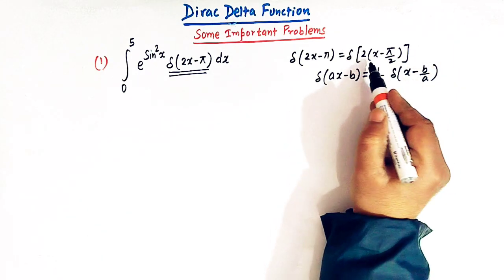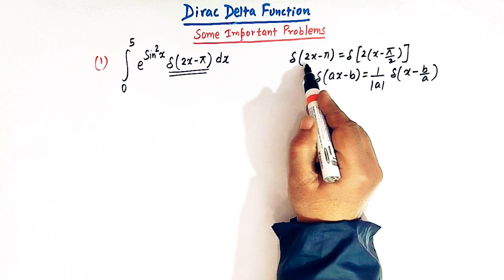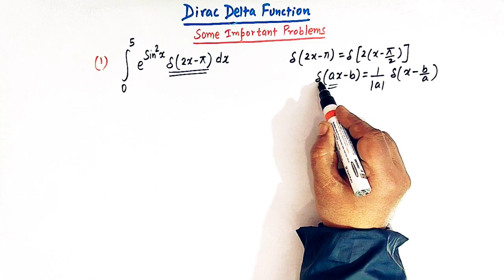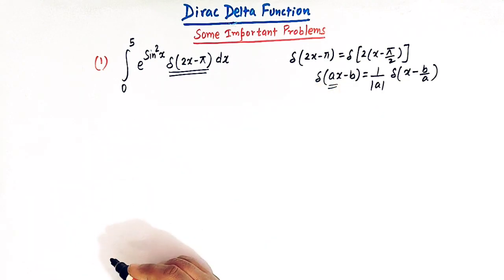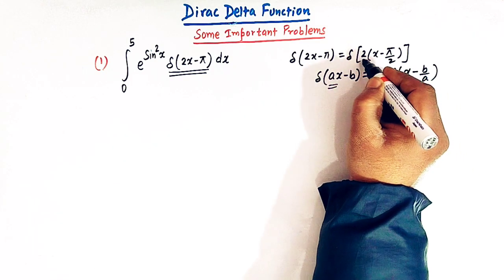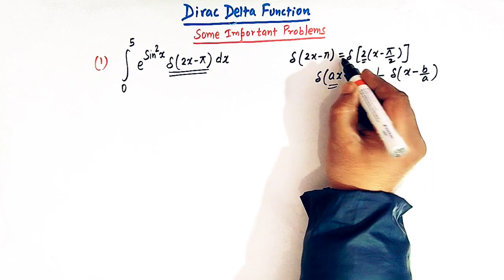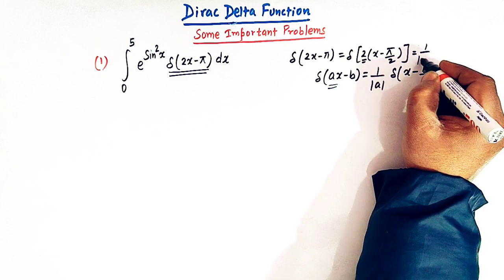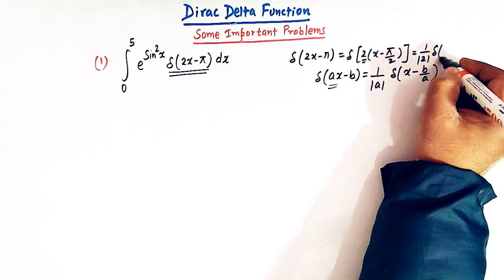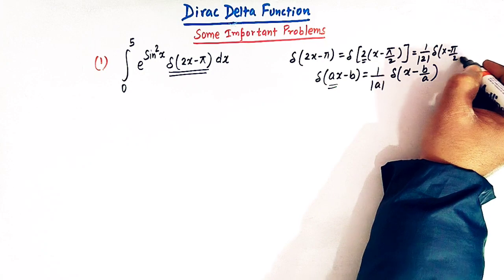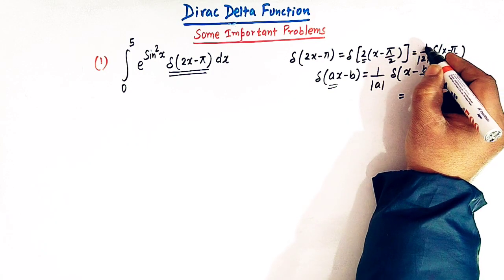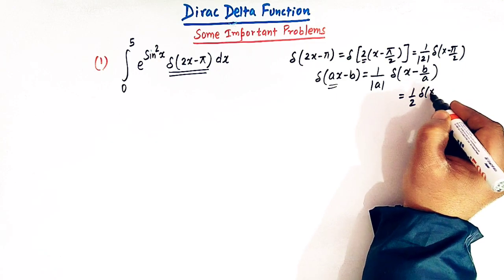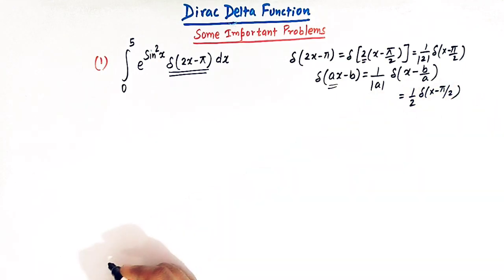So here this form is delta 2x minus pi. Here we have delta ax minus b, so the value of a is 2. So now this expression is equal to 1 over absolute value of 2, then delta of x minus pi by 2, which can be written as 1 over 2 and delta of x minus pi by 2, right?